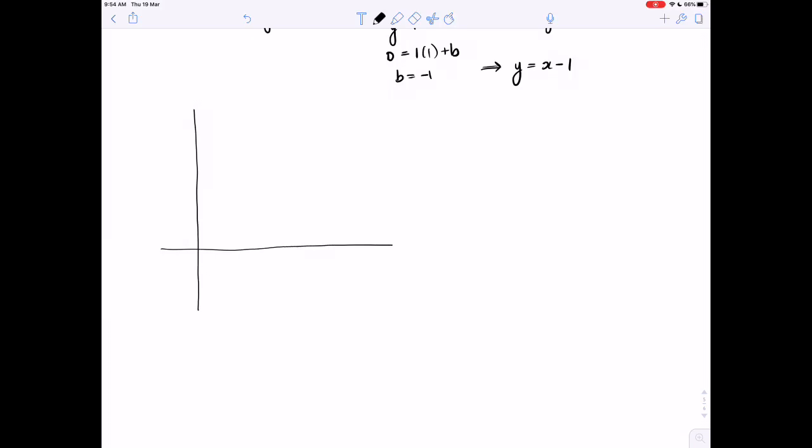So here, if we put in our logarithm curve, we know that it's going to cross the axis at 1. So this is y is equal to ln x.